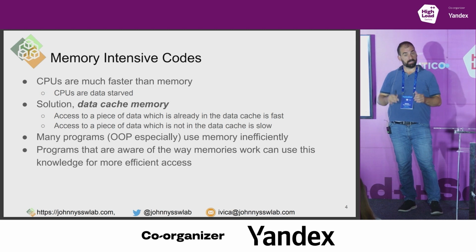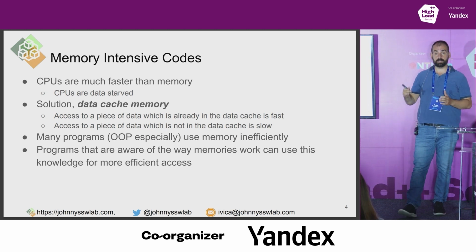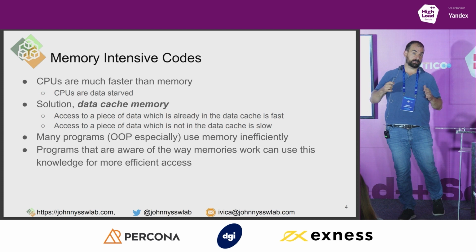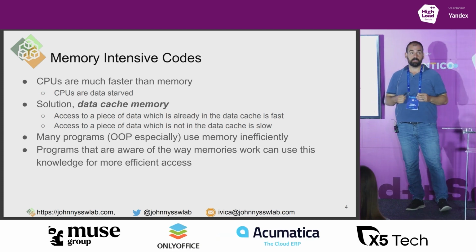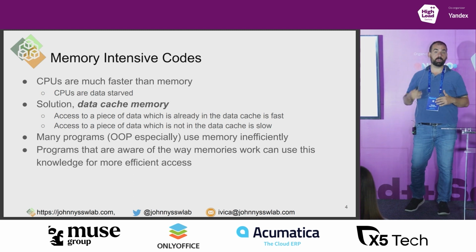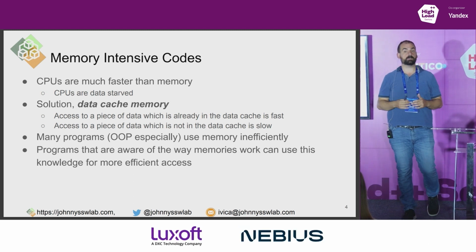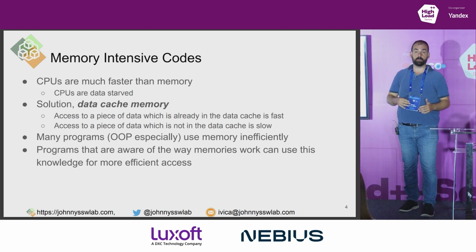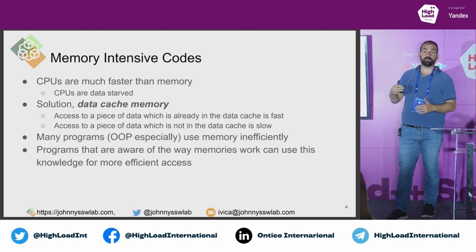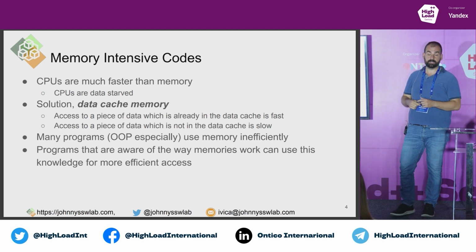Many programs nowadays, especially those that are written using the object-oriented paradigm, which has a lot of abstraction and so on, use memory inefficiently. And for us, the programmers who know how the memory works and how the system works, we can take advantage of this knowledge and write programs that use memory more efficiently, and therefore they're faster.